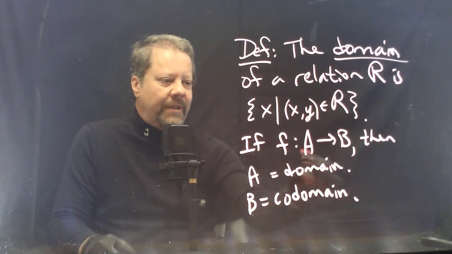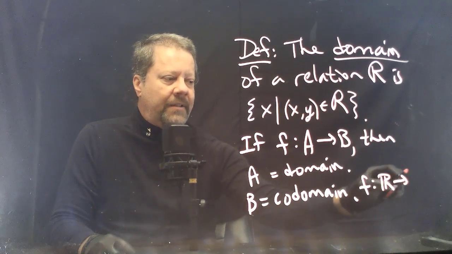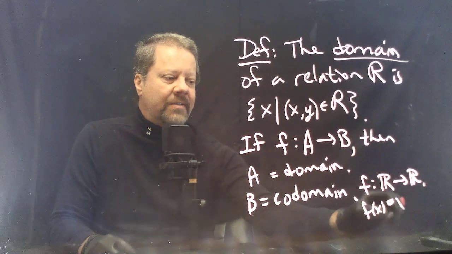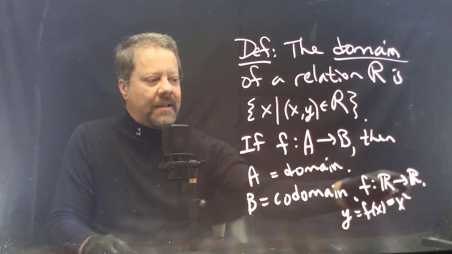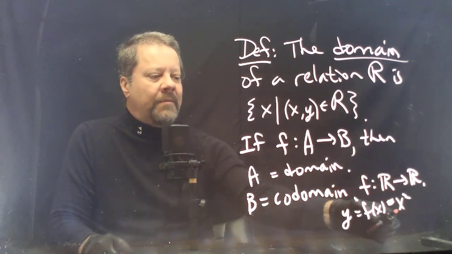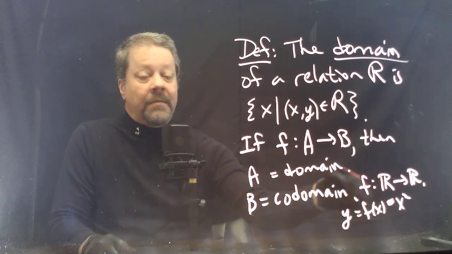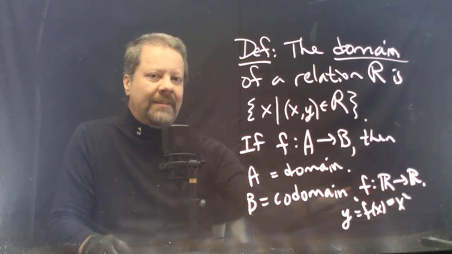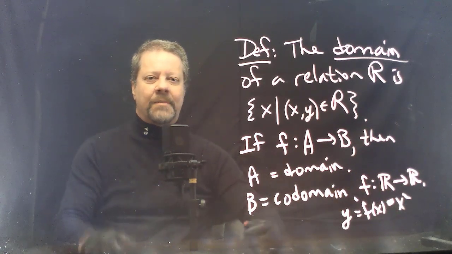However, we could have something like f maps the real line into the real line and define f of x to be x squared. But the codomain is the set of real numbers. That's not the range, because when you plug a real number into the square function, it makes it non-negative. You can't get negative numbers out. So the range and the codomain are slightly different concepts.